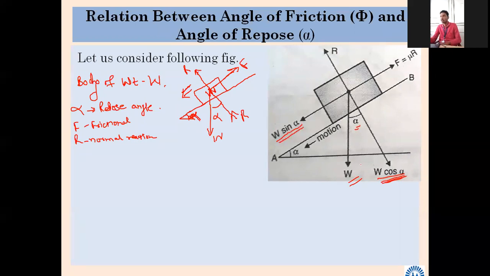Once you see this diagram, we may get a little confused, because this diagram came after resolution. Also here it is shown F is equal to mu R. Here I have not shown F, but we know F is equal to mu R. Now, is our body in equilibrium?